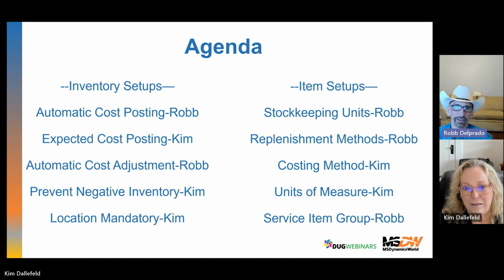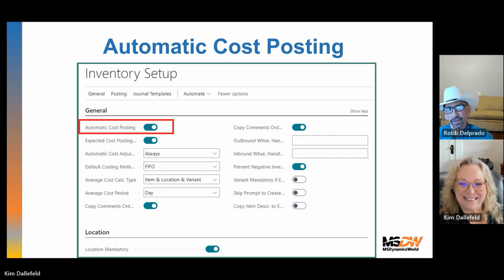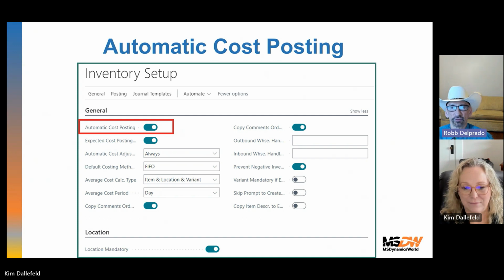And I'm going to kick it off by getting on my bandwagon about that automatic cost posting setup. Lots of folks, especially the partners, are concerned about performance of the system. They don't want to see their clients complaining that it's sluggish or slow. And that's true if you have thousands and thousands of transactions you're posting every day.